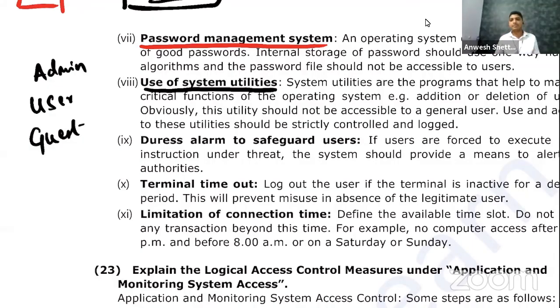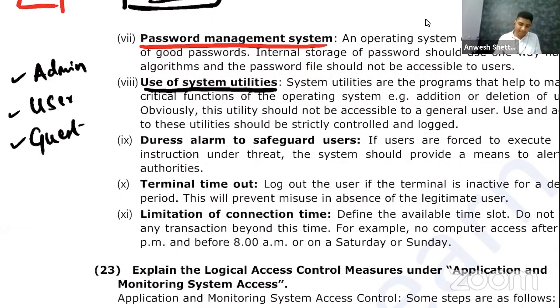Now let us say one small neighboring kid wants to access your laptop to play some games. You can't say no. You want to give that computer to him so that he can play some games, but you don't want to give admin access, user access, or guest access. So what should the system allow you to do?